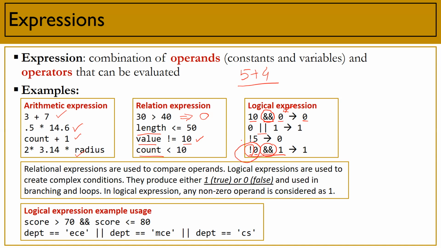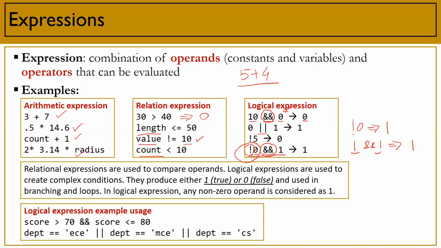You apply the negate operator on a 0, so it will give you a non-zero value. Negate 0 will give you 1, and then you are doing a logical AND with 1. So 1 and 1 will give you 1, because both the operands are non-zero.